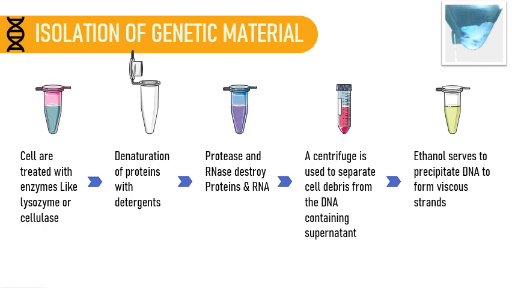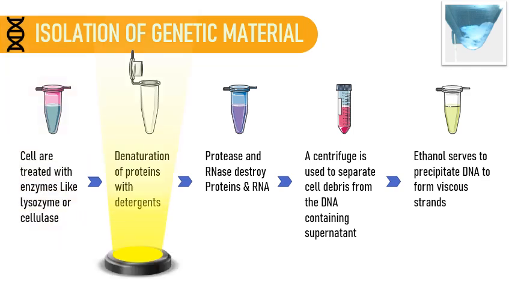All these procedures have been developed and standardized by understanding the physical, chemical, and biological nature of different types of organisms like bacteria, fungi, plants, and animals. General standard procedures to obtain pure DNA from these sources will involve first rupturing the cells and treating them with enzymes like lysozyme or cellulase.